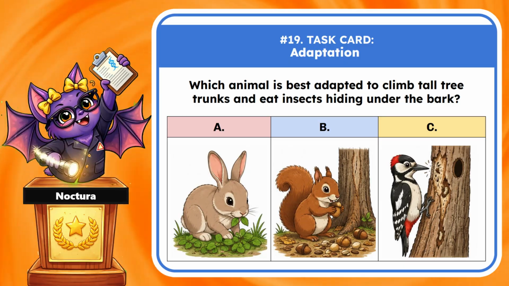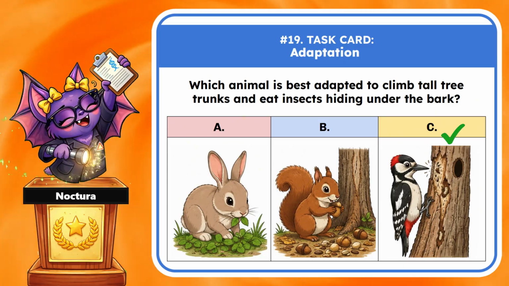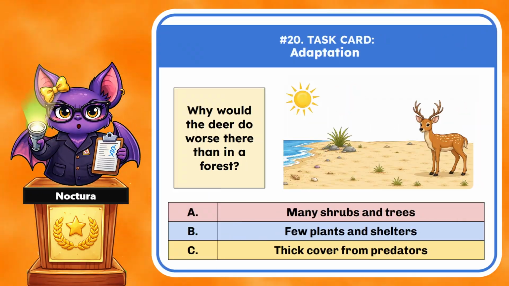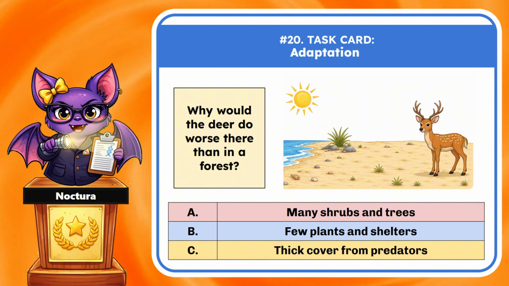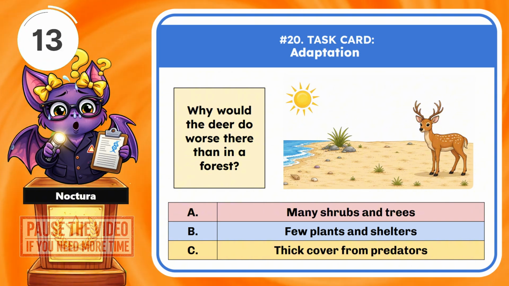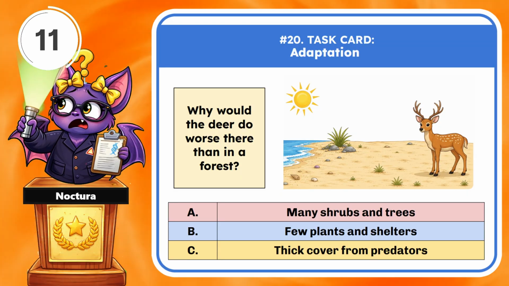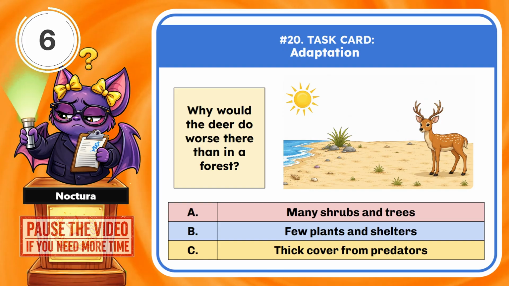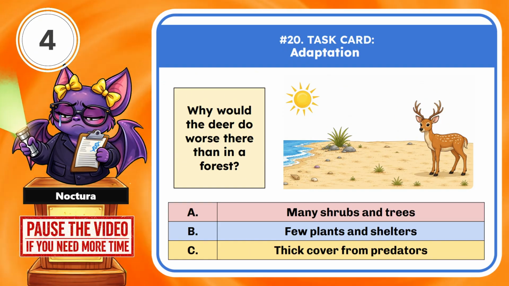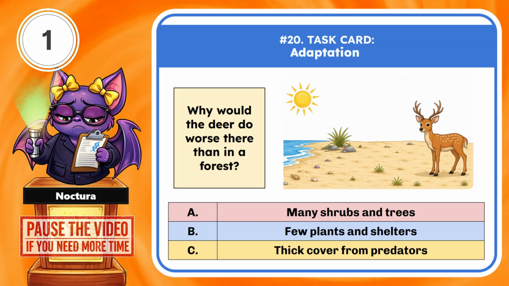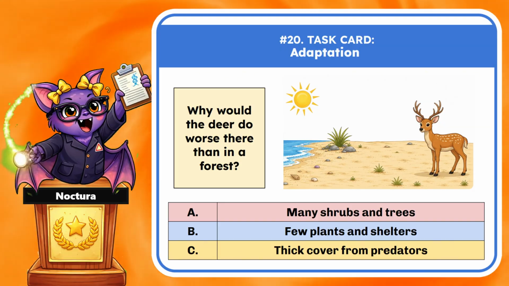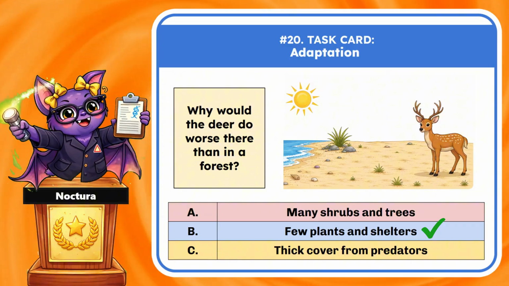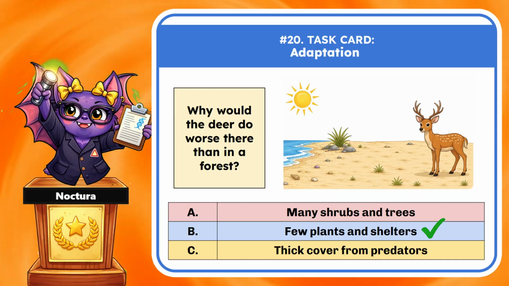And the correct answer is letter C, woodpecker on bark. Why would the deer do worse there than in a forest? And the correct answer is letter B, few plants and shelters.